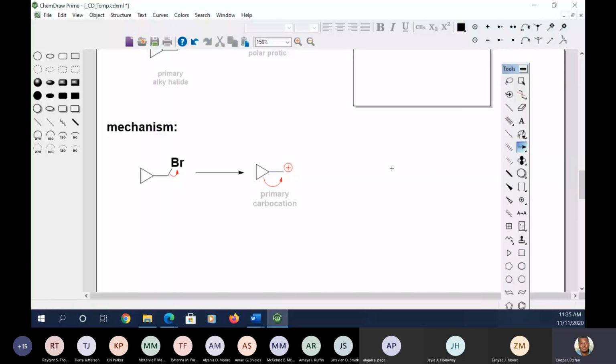Two carbons can't make a ring, but I'm going from a 3 to a 4-member ring, right? All right, and my plus is going to be on that carbon. Is everybody comfortable with that?